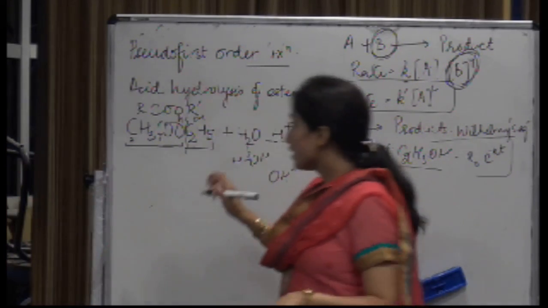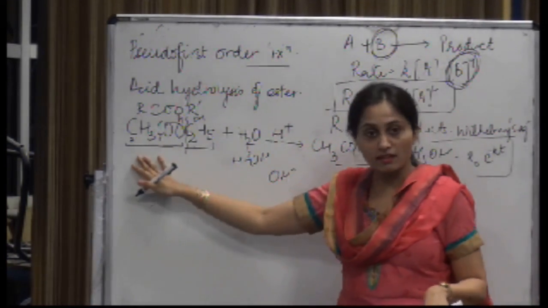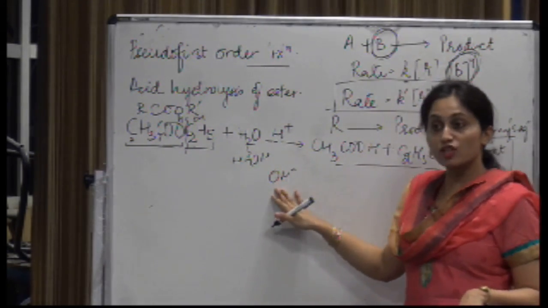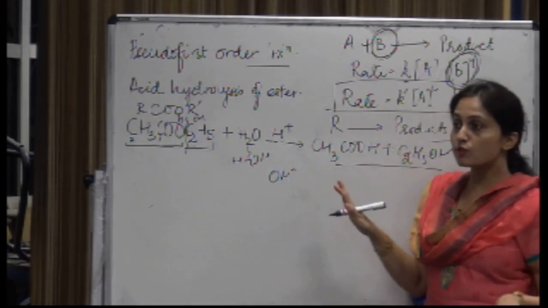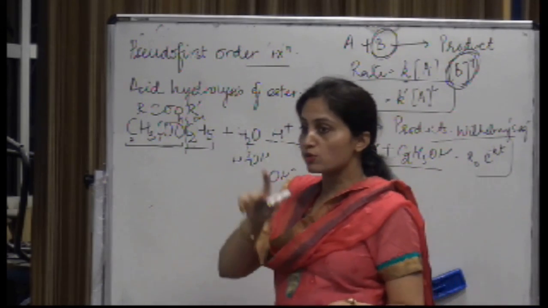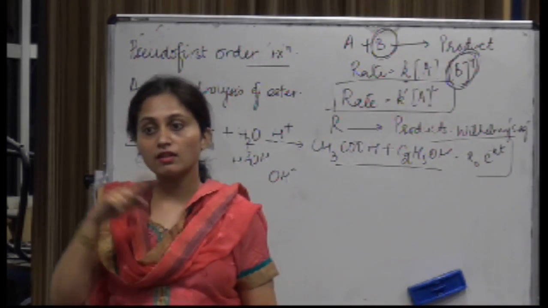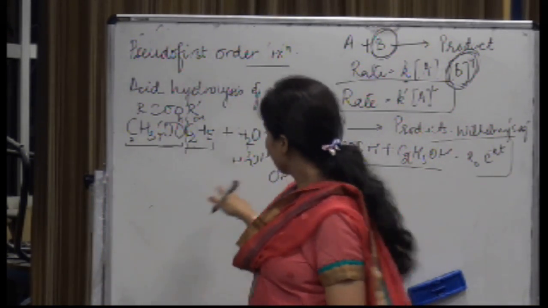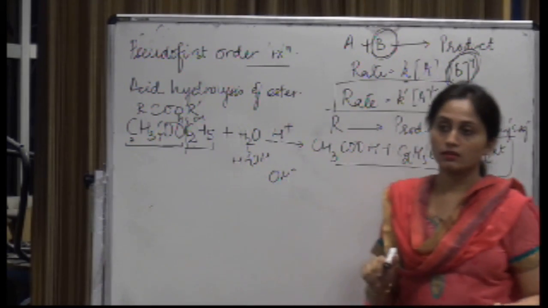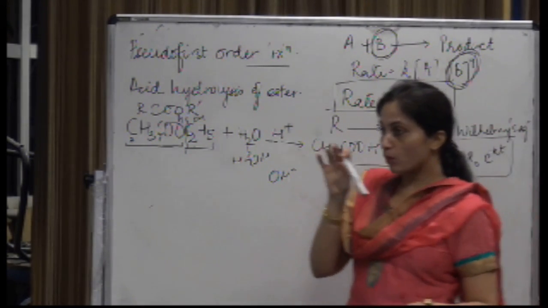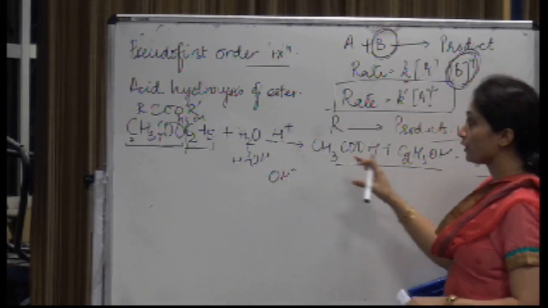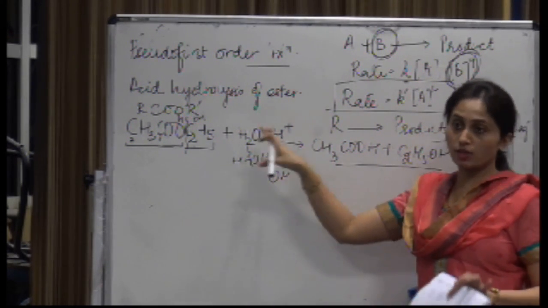And there the rate is dependent on the ester and the base concentration, the OH minus ion concentration. So the order is 1 with respect to the ester and 1 with respect to the OH minus ions. Clear? So it is very important that you remember that the pseudo first order reaction is the acid hydrolysis of ester.